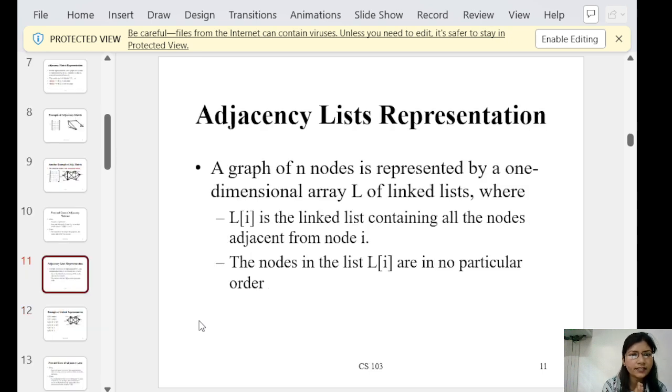Then adjacency list representation. A graph of n nodes is represented by a one-dimensional array L of linked lists, where L of i is the linked list consisting of all the nodes adjacent from node i. The nodes in the list L of i are in no particular order.